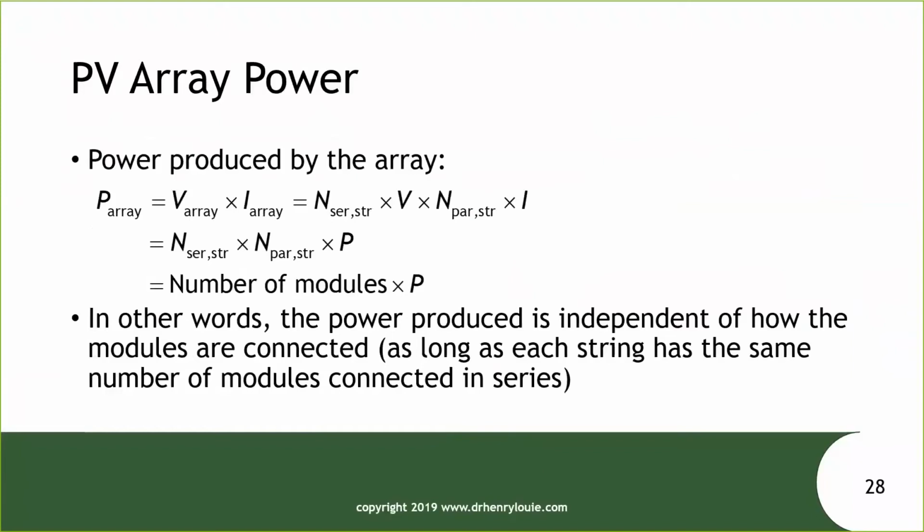So if you have a 300-watt module and you have 10 of them and you connect them in any combination, you would expect it to produce 3 kilowatts. In general, though, what we try to do is put more in series than in parallel. That usually will result in a more efficient system.